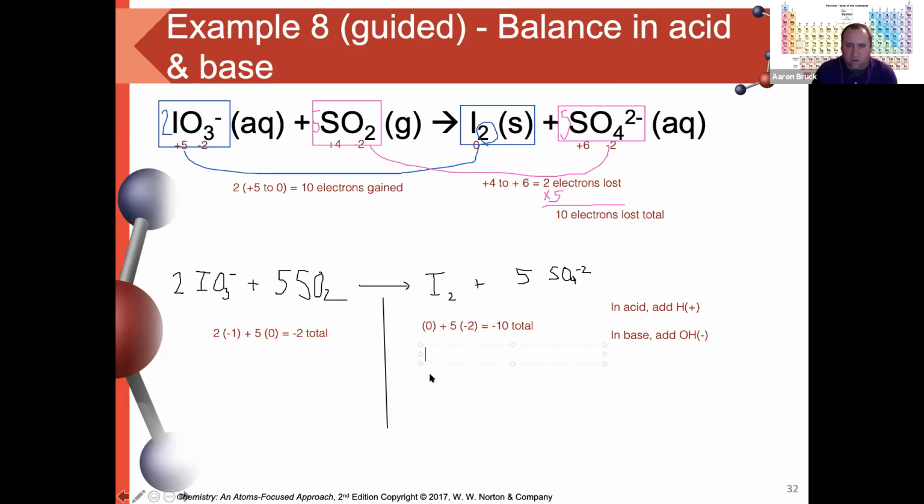So we need to add 8 H+ ions to turn that -10 into a -2 and get it to match up with this -2. Adding 8 H+ means we're going to have to add 4 waters to balance out the hydrogen.